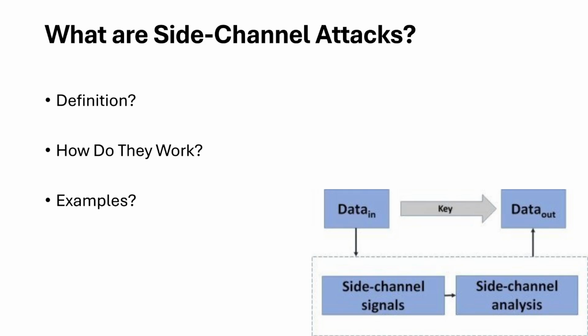In timing attacks, attackers measure how long computations in the CPU take to infer secret information, such as cryptographic keys.